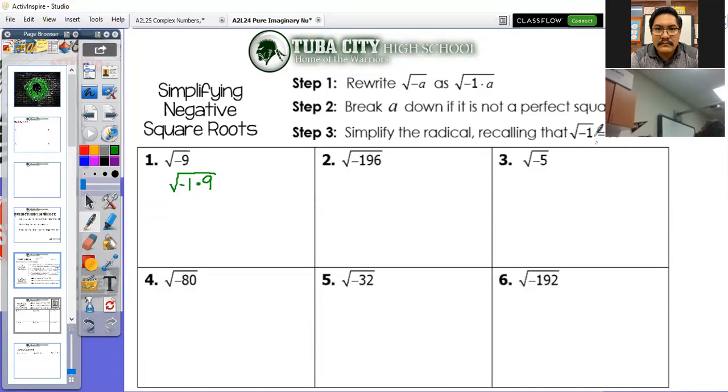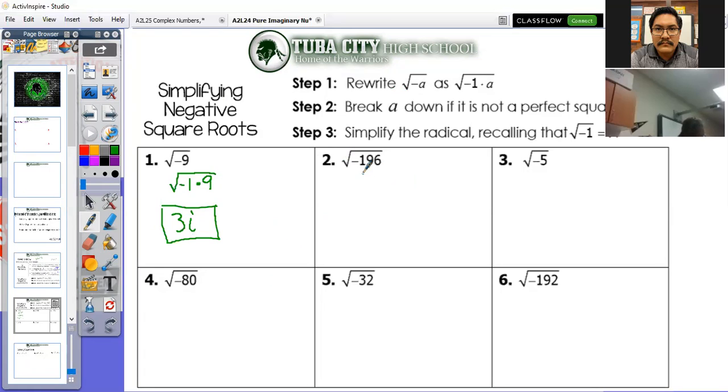Recalling that the square root of -1 is i, I'm going to take out the square root of -1. But we can also take the square root of 9, which is 3. And this leaves nothing left in the radical, well, there'd be 1 left. The square root of 1 is 1, and 3i times 1 would basically just cancel out, leaving us with 3i.